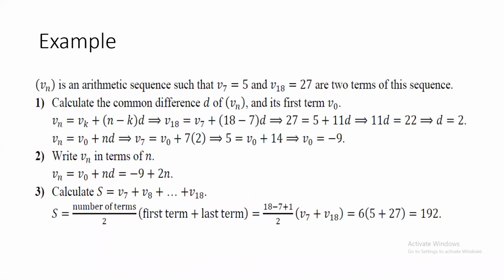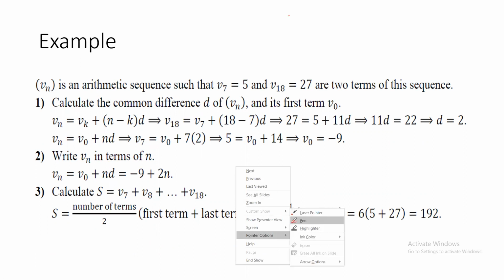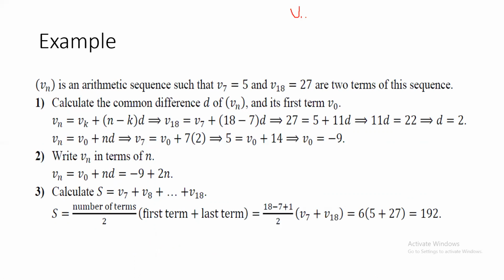Yesterday we took the rules of arithmetic sequence. I have to write them here. If we need to prove arithmetic sequence, we have to prove that un plus 1 minus un equals d.